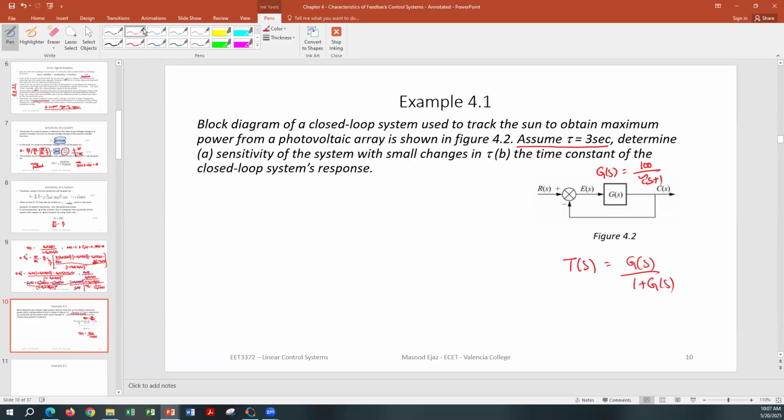All right, first thing, since we are calculating sensitivity and we know how to calculate it, we need to define the transfer function in terms of tau. So let's write down the transfer function in terms of tau.